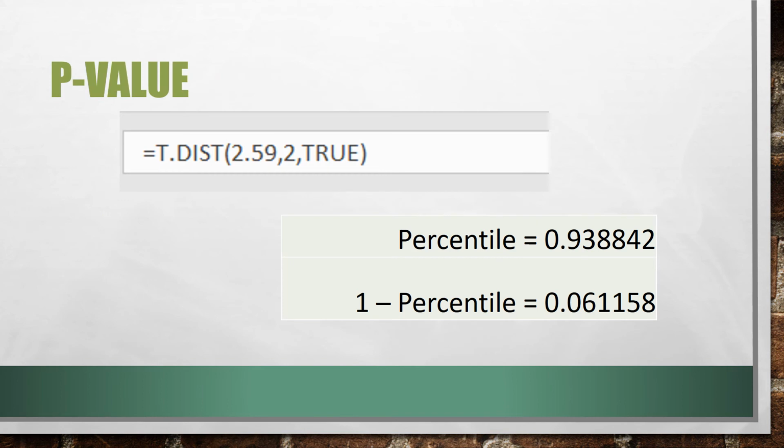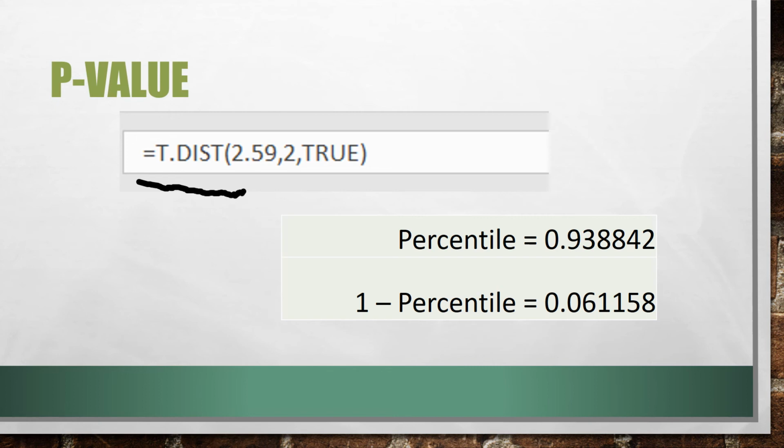So after you get the t-statistic, you want to put that in Excel to find the p-value. And we're going to use this t.dist. So you just pick a random cell and start to type this in, equals t.dist, and then in parentheses.